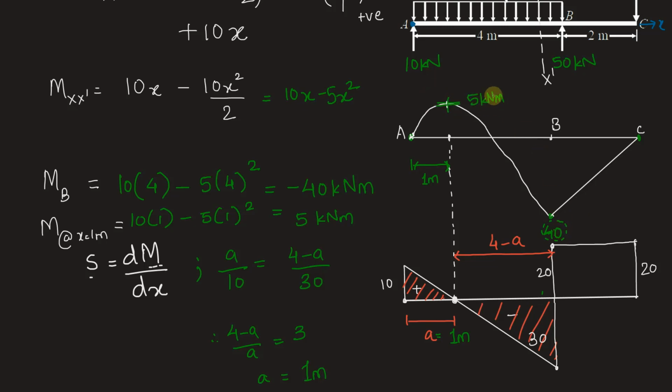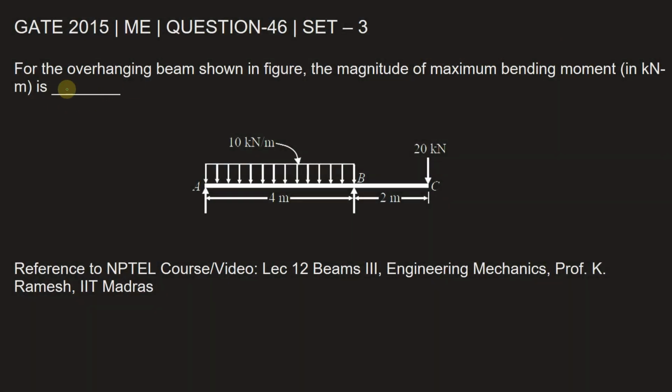So among 40 and 5, 40 is the greater one, and although it has a nature of hogging, this is a hogging bending moment of 40 kilonewton meter, still it is the maximum. So the maximum bending moment in this loading condition for this given overhanging beam is 40 kilonewton meter. Let's go and mark it. The magnitude of maximum bending moment is 40 kilonewton meter.